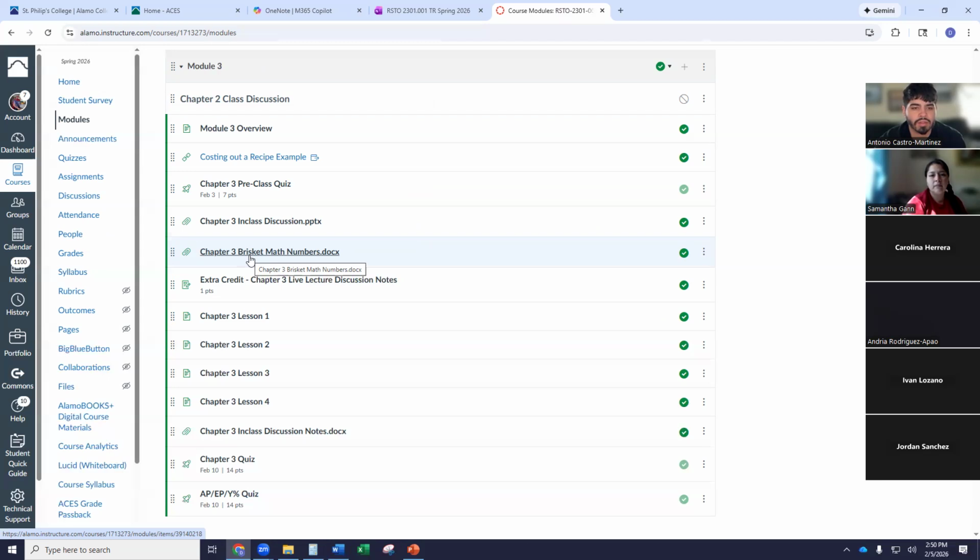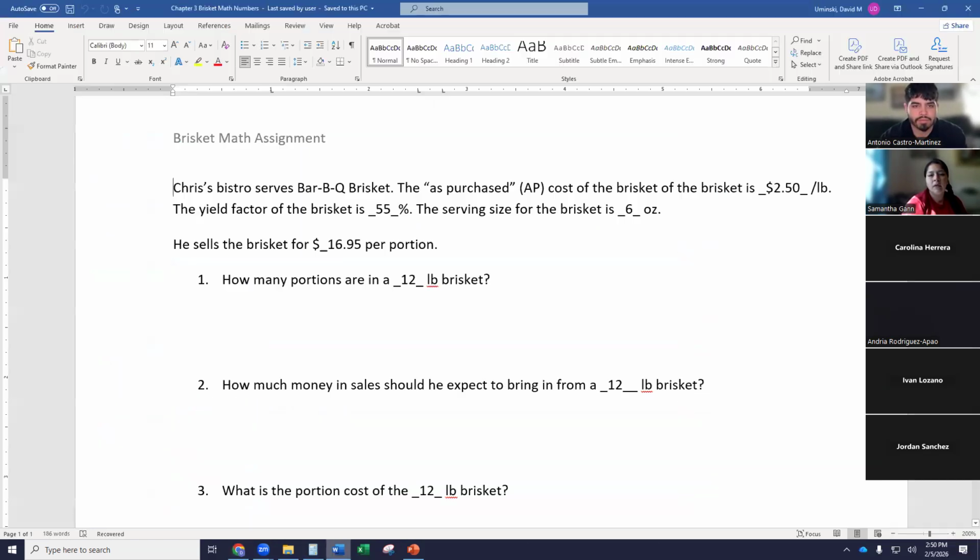All right, so those of y'all who are in person, great. If you're online, that's okay as well. You can pull this up and take a look at it. What I would like you to do, I intentionally left a large amount of space in between each of the numbers, okay?